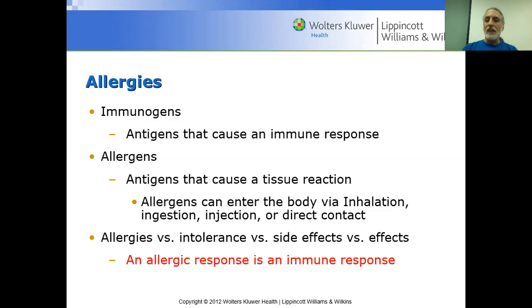That is an antigen antibody reaction. An intolerance or a side effect may be intolerable, and an adverse reaction may be an intolerable effect of the medication or side effect of the medication. But an allergic response is the allergen antibody response or the antigen antibody response.